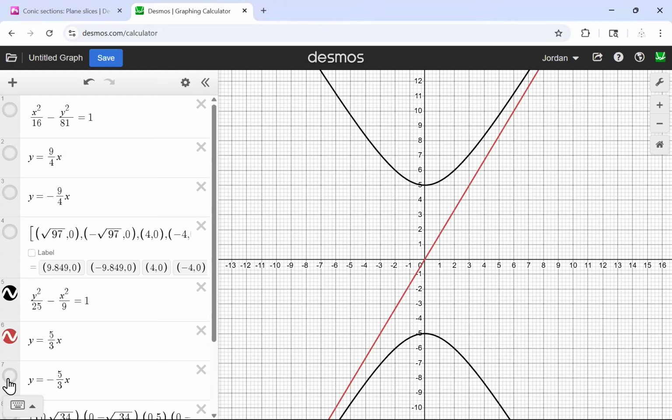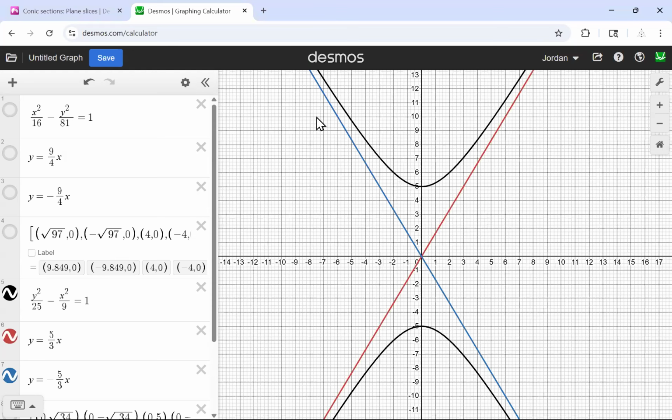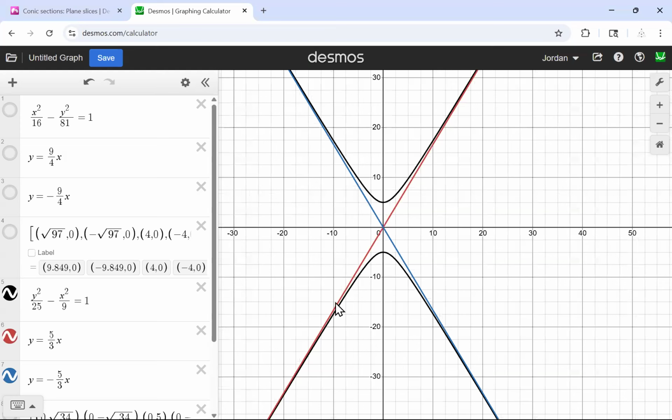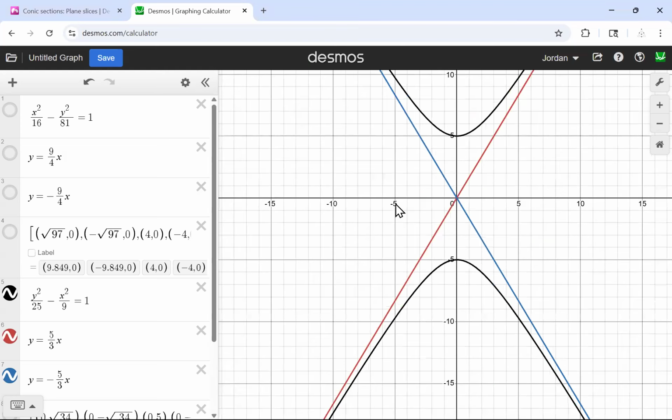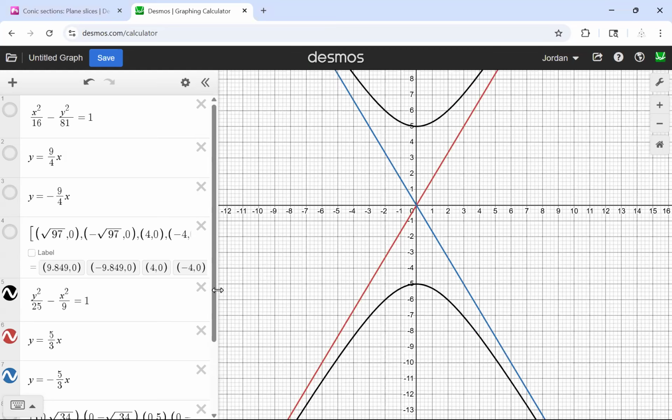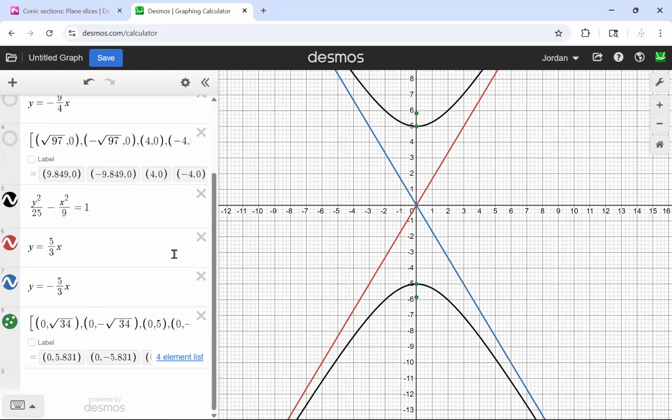If you graph the two asymptotes, this is what they look like. You can scroll out and see that they do give you the correct asymptotes. And then if you wanted to graph all of the points that we found, like the vertices and the two foci, then that's where they are.